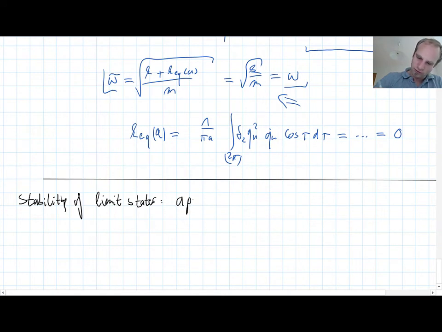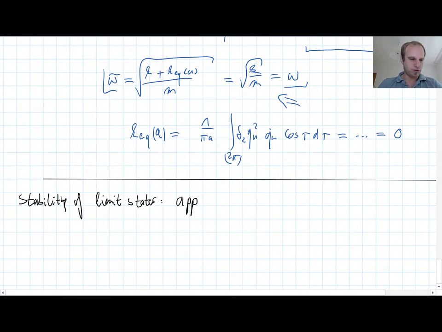So in order to discuss the stability of equilibrium points, we looked at the energy and looked whether we have a maximum or a minimum of energy. And this is more or less the trick that we do here too.